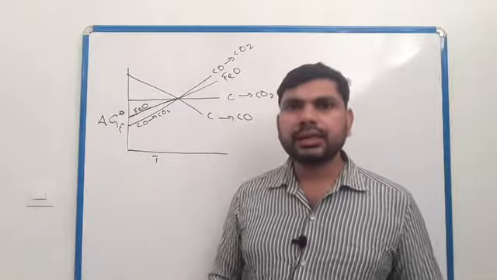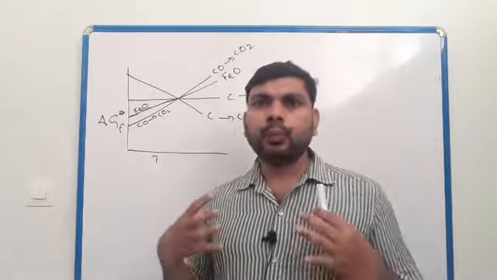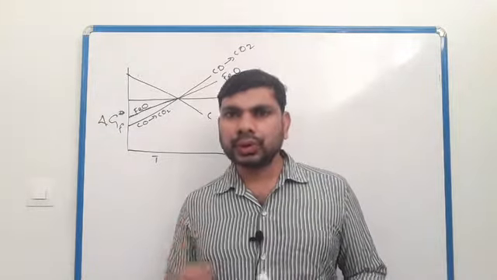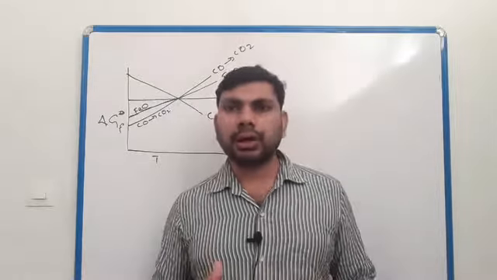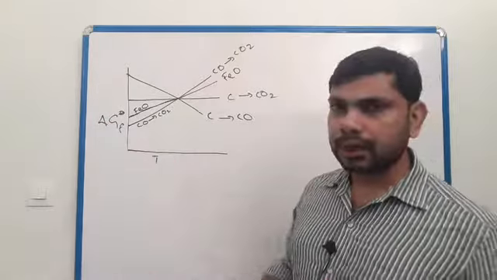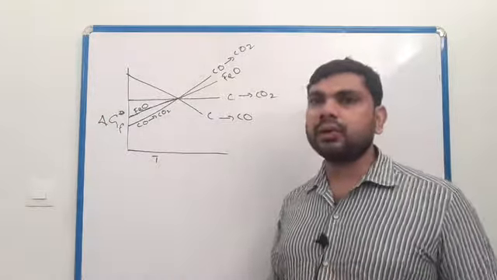Next one, see this diagram. This is the Ellingham diagram, and this diagram helps us to understand which reducing agent is better to reduce iron oxide to iron. So look here, this is delta G against temperature. We discussed this type of diagram already in the previous video.